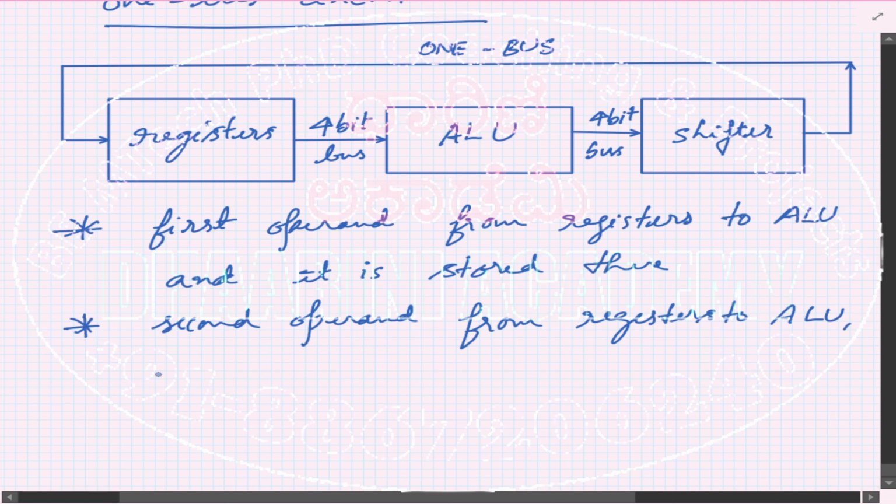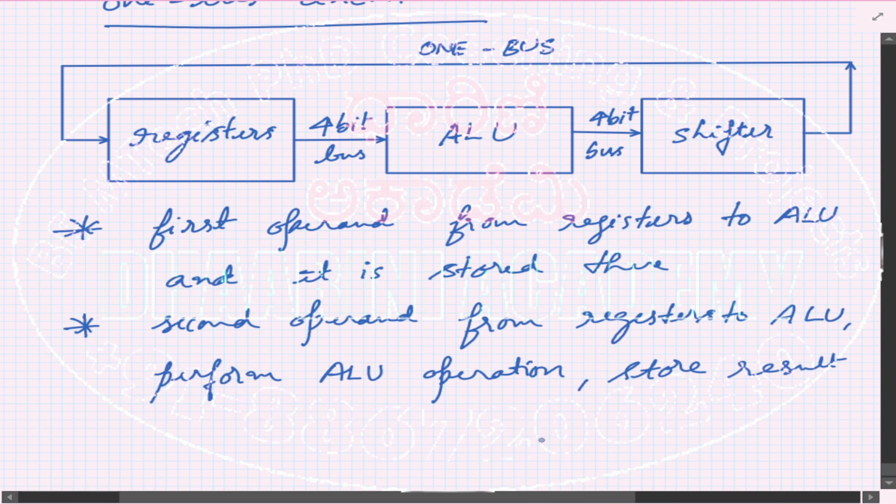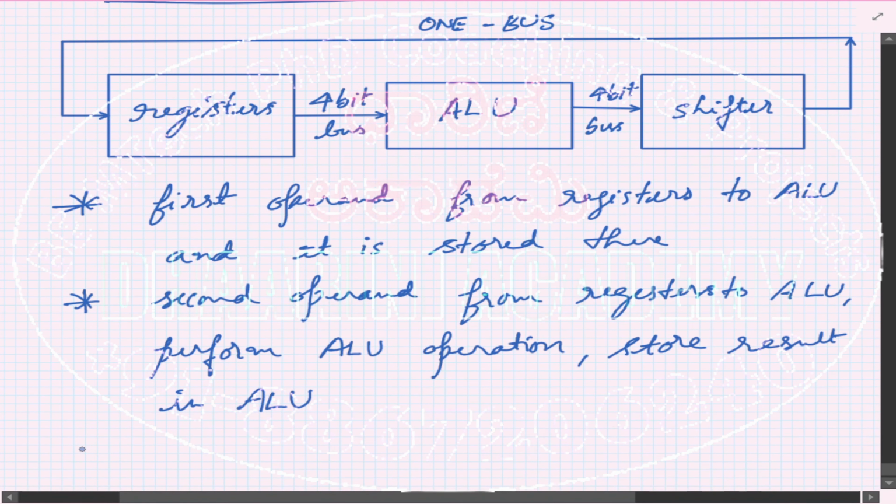Perform the ALU operation, and once you perform the operation you get the result, which is first stored in the ALU. This is step number 2 of this kind of architecture.